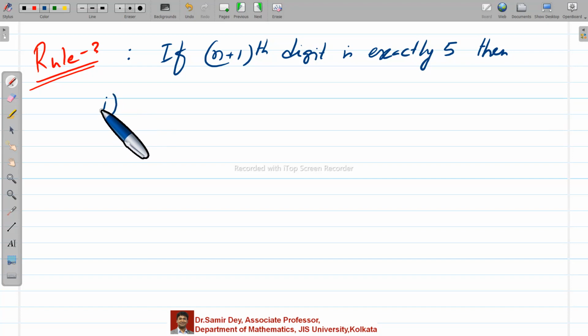Number 1, if the nth digit is even, then it will remain unchanged.